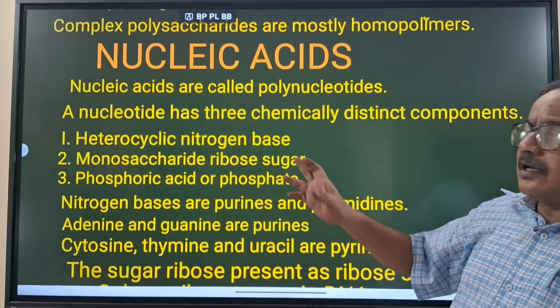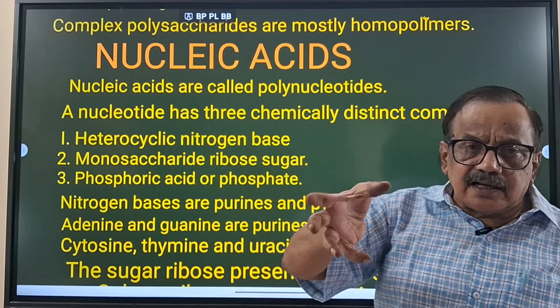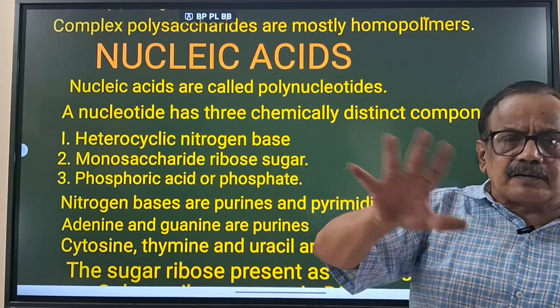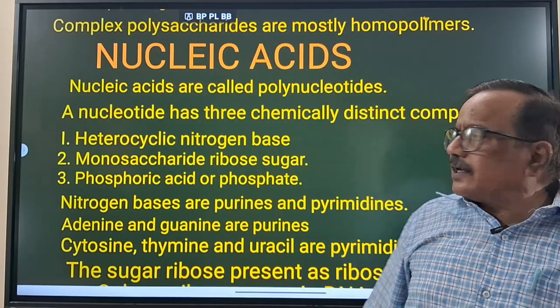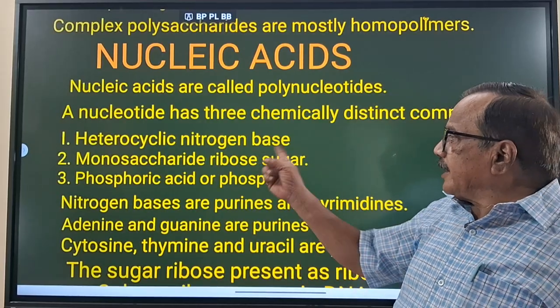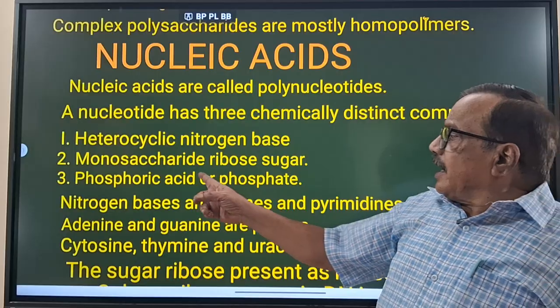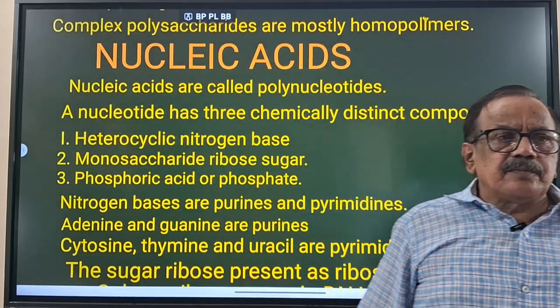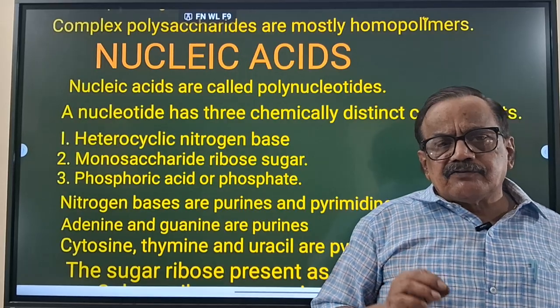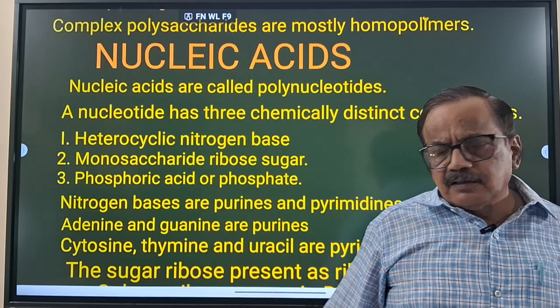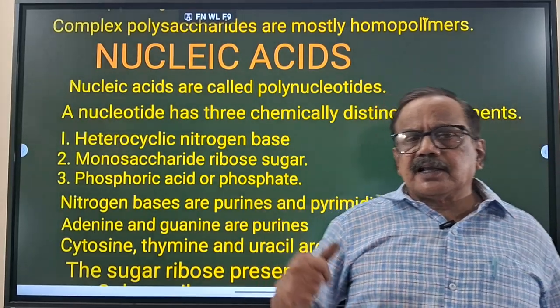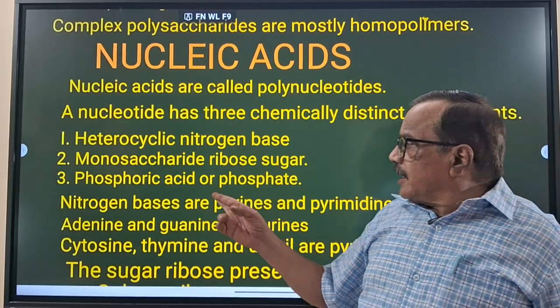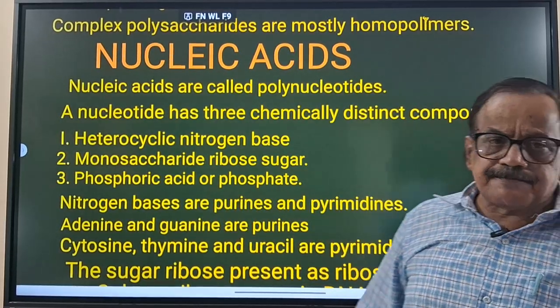Heterocyclic means it is cyclic like benzene, but not all the atoms are carbons; different atoms are present. That is heterocyclic. Nitrogen bases are present, and monosaccharides like ribose sugar. Ribose sugar is important for the formation of nucleic acids and nucleotides, along with phosphoric acid and phosphate.